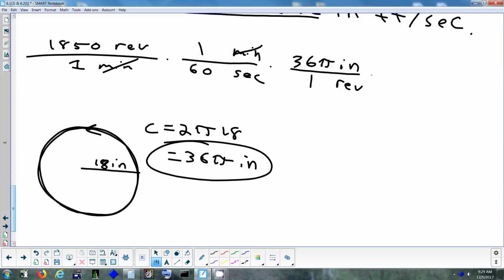And then what's the conversion between inches and feet? 12 inches, 1 foot. And revolutions. So we look at your units in the top, you have feet, in the bottom, seconds.